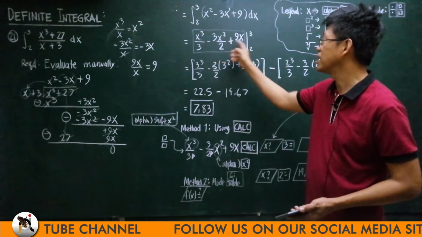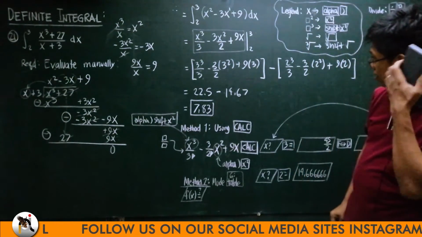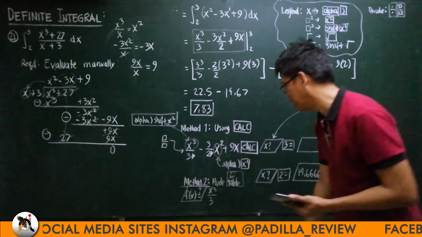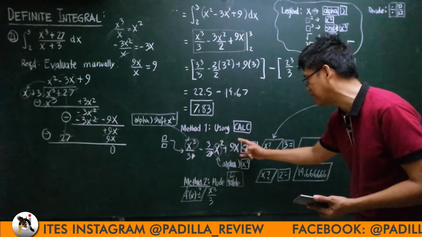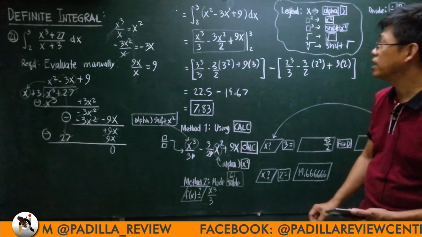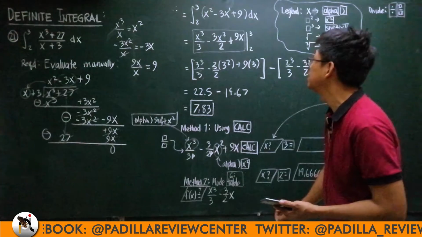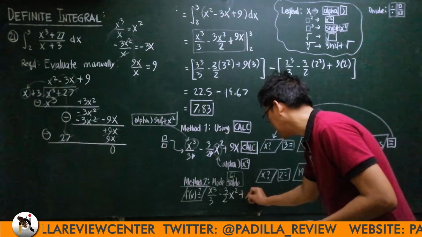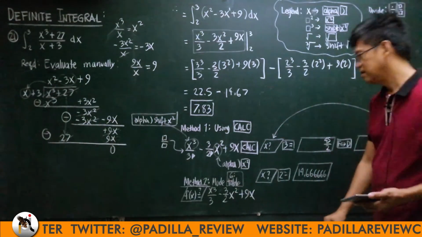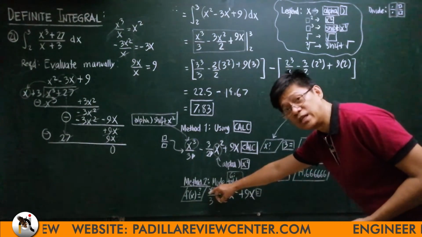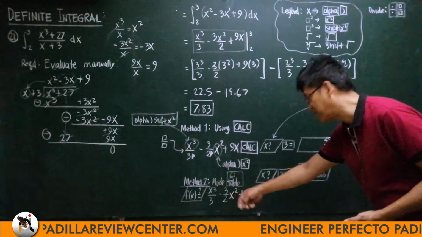This is the one that we are evaluating. So, you have x cubed over 3. The process of entering the function is the same as this. So, x cubed over 3 minus 3 halves of x squared plus 9x. Okay?